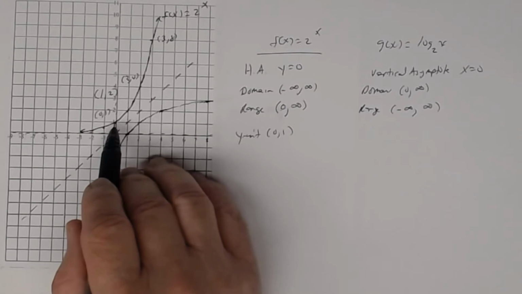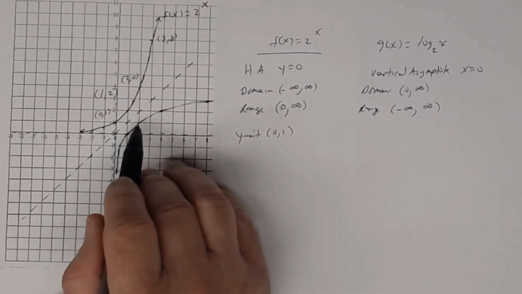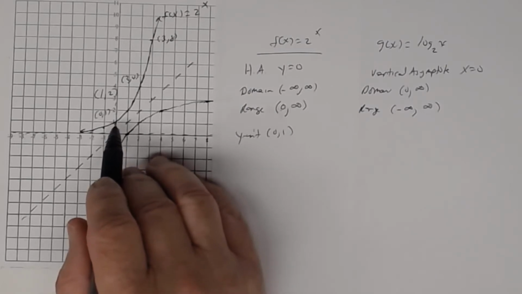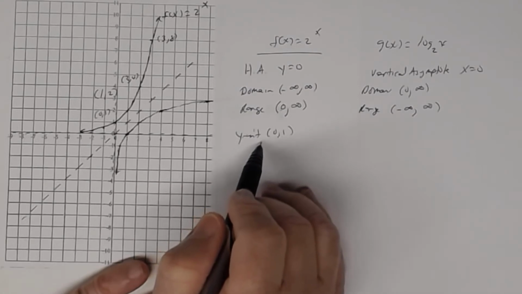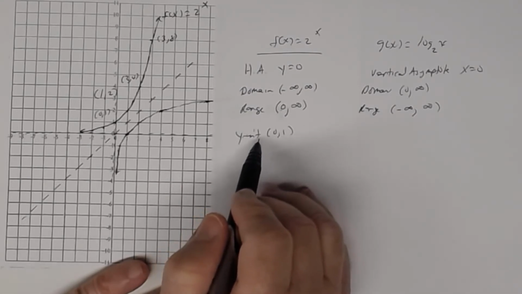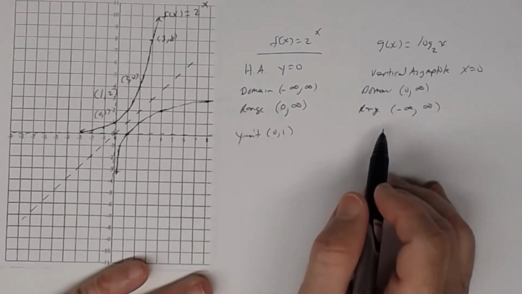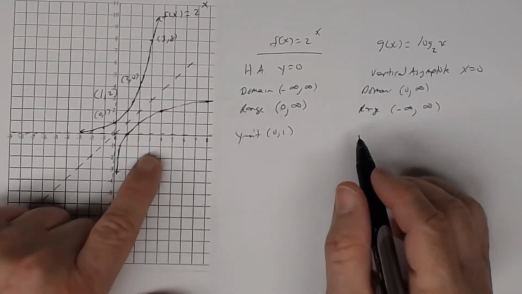But I want you to notice something. See this y-intercept? Look at the x-intercept here of the logarithm. That's where the graph crosses the x-axis. So the y-intercept, (0, 1), of an exponential becomes the x-intercept on its inverse, although we have to write the ordered pair differently.